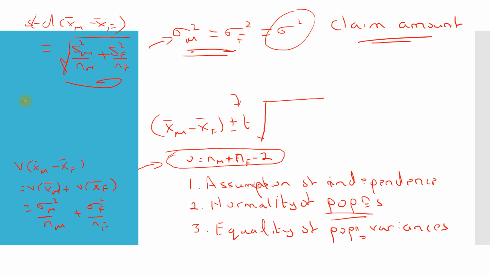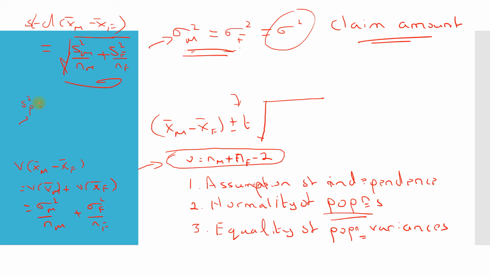We will call it S squared p, where the p stands for a pooled estimation that you are carrying out. That is, S squared p represents a pooled estimated variance for your population variance sigma squared.